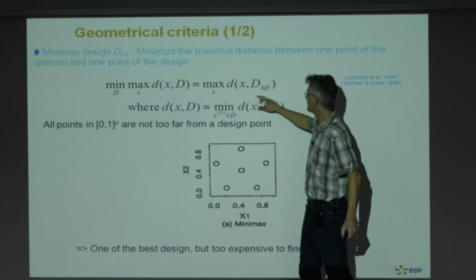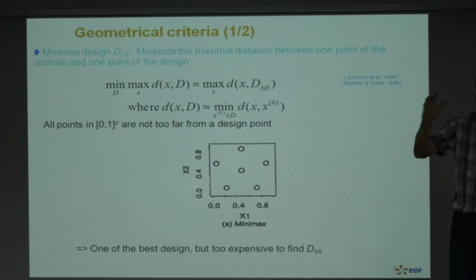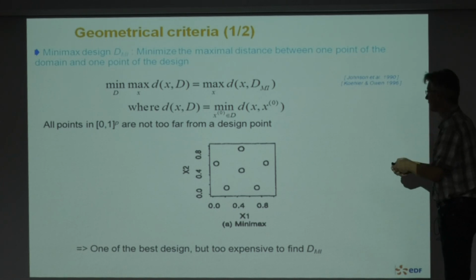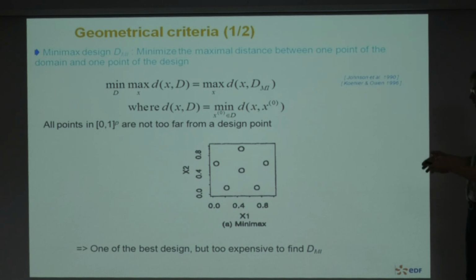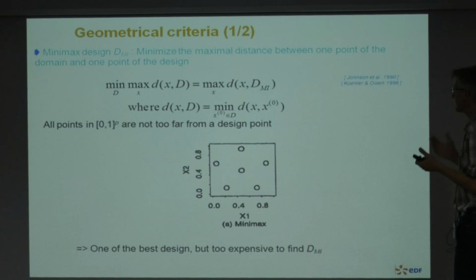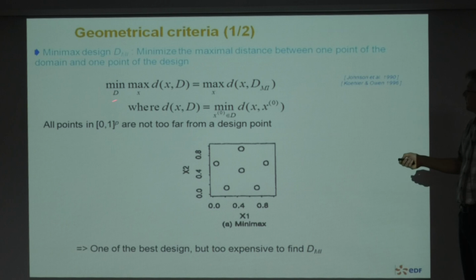Okay? So this is to explain what I do when I do this. I maximize the distance between any point of the domain and the design. And the minimax design, which is the best design with respect to this criterion, is the design which minimizes this maximal distance.